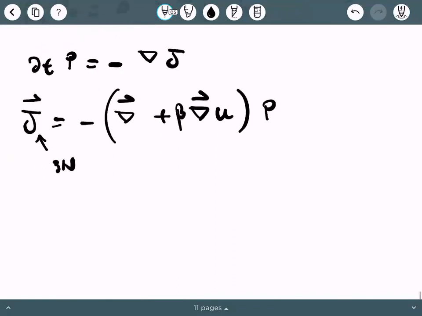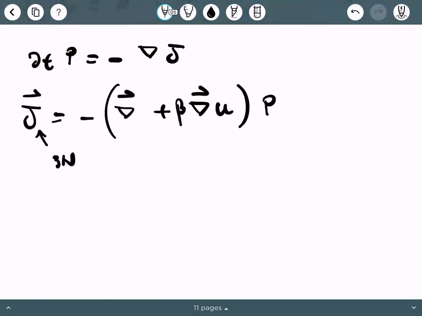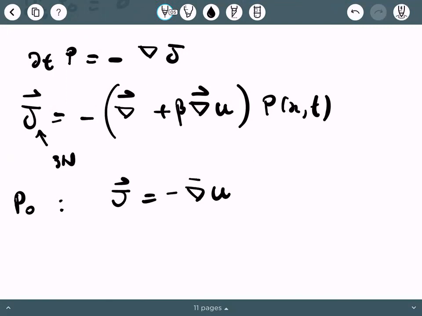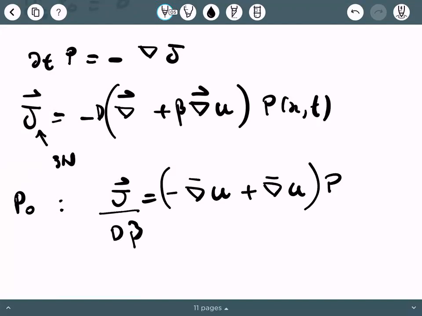Now, if I plug in here, instead of P of x, t, P naught, then you immediately see that the current is 0, up to some diffusion coefficients, so I have to divide by D and beta. And it's clearly 0.